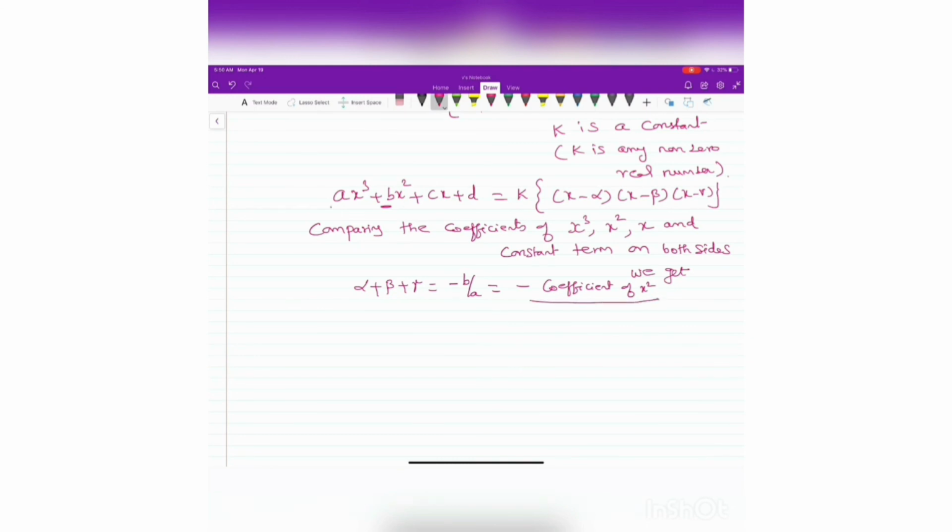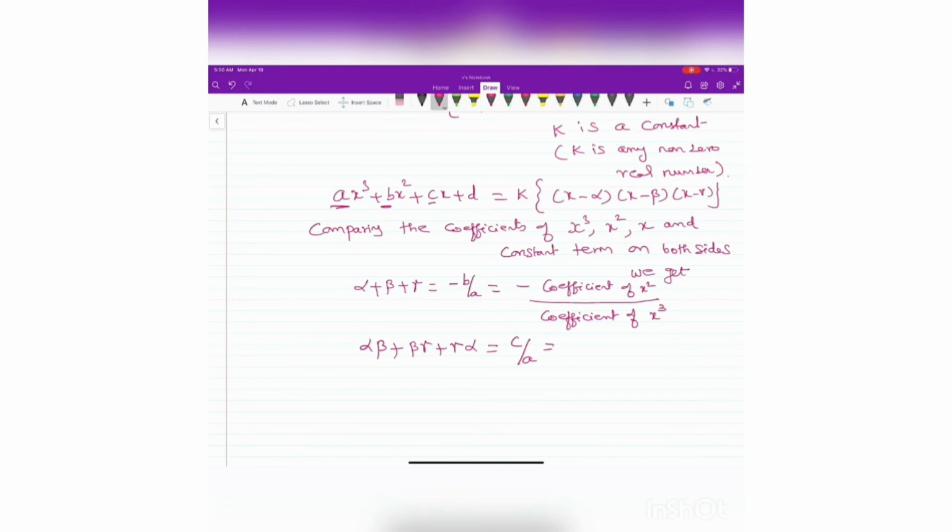A is nothing but coefficient of x cube. So, by coefficient of x cube. Then, alpha beta plus beta gamma plus gamma alpha will be c by a.